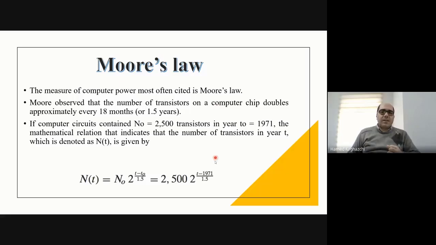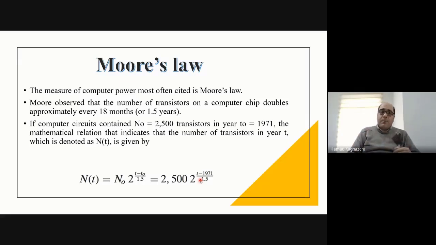Now, using this formula, we can find the number of transistors in each computer according to the year, for example 2000, 2020, 2030, and all the years that we want to know about the number of transistors in our chips.